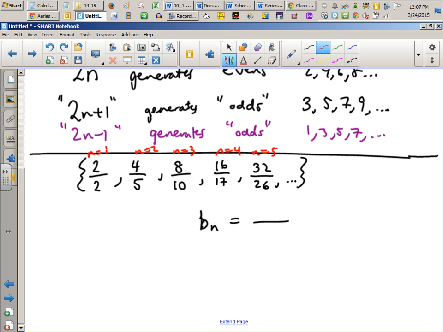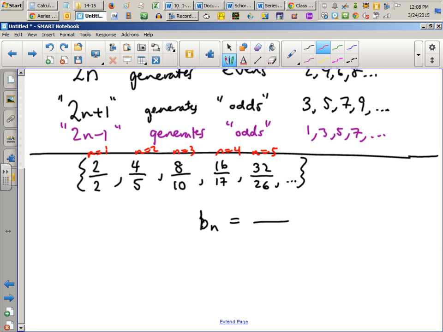You don't have to compare the top and bottom, but rather you have a third reference point. Does 1, 2, 3, 4, 5 have anything to do with 2, 4, 8, 16, 32? So maybe we don't even need to worry about the bottom right now.